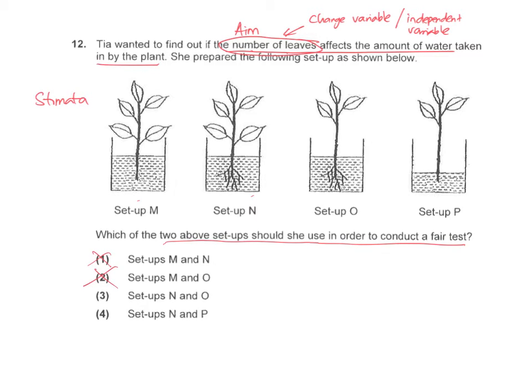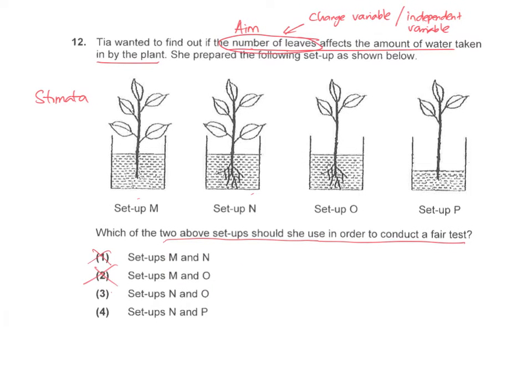Option 3, N and O. Let's take a look. It has got roots, yes, and the only difference is the number of leaves. So we can expect that this is a possible answer. And of course, we expect 4 to be wrong, but let's take a look why.